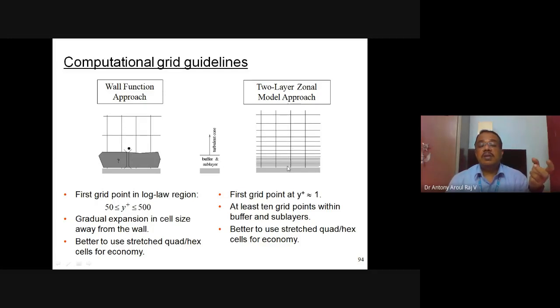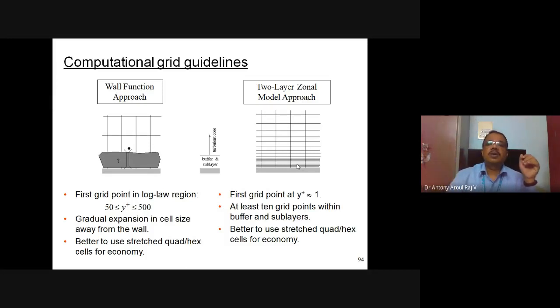But near the wall, we will not be using the fully turbulent k epsilon model. As I already told you, near the wall, because of the viscous effect, damping will be there. Similarly, for the k epsilon model also, we will be giving damping. We have seen in the first slide that because of damping, the intensity of the fluctuation will be reduced.